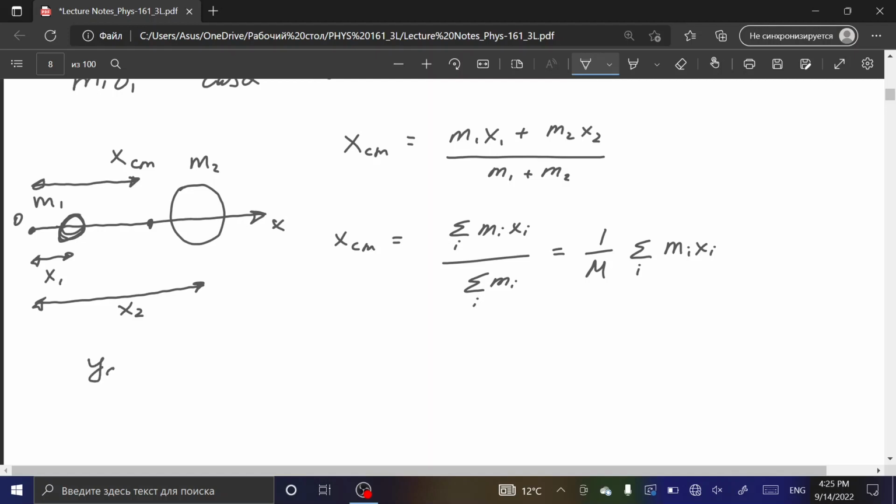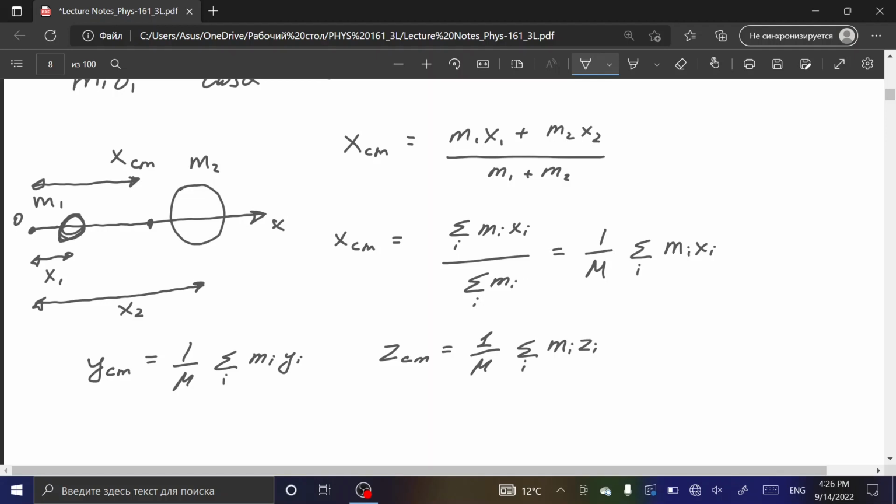So y center of mass is defined as 1 over capital M, sum for all objects mi times yi, the position of these objects along axis y. The same we write for the z direction. The z center of mass is equal to 1 over capital M, sum for all objects mi times zi.